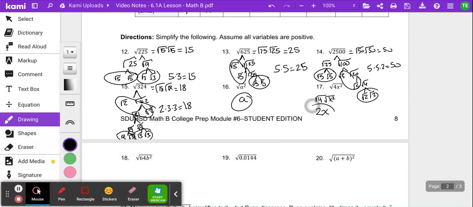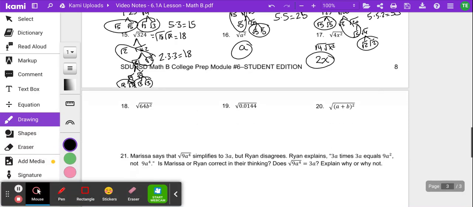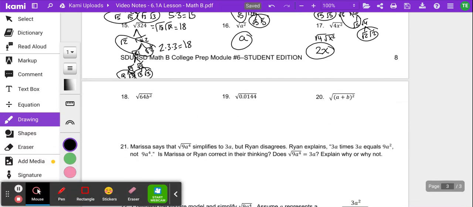So a and 2x. 64, I know that the square root of 64 is 8, and the square root of b squared is b. I know 144. So all I have to do here is I know it's 12 and there's 1, 2, 3, 4 decimals, so it's 0.12. Here, the square and the square root cancel each other, so we get a plus b.